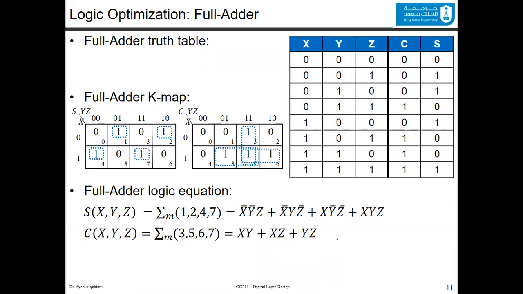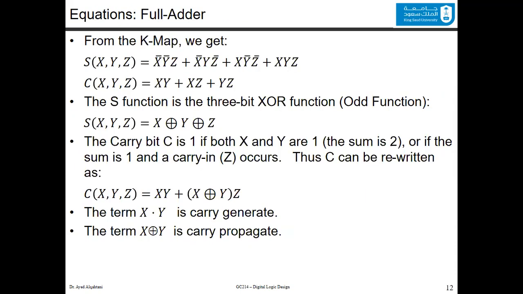It's called the majority function, which is a voting function where you count the number of ones. And you can see that the carry is 1 only when the ones are beating the zeros in a voting game. This could also be represented using the sum of minterms 3, 5, 6, and 7.